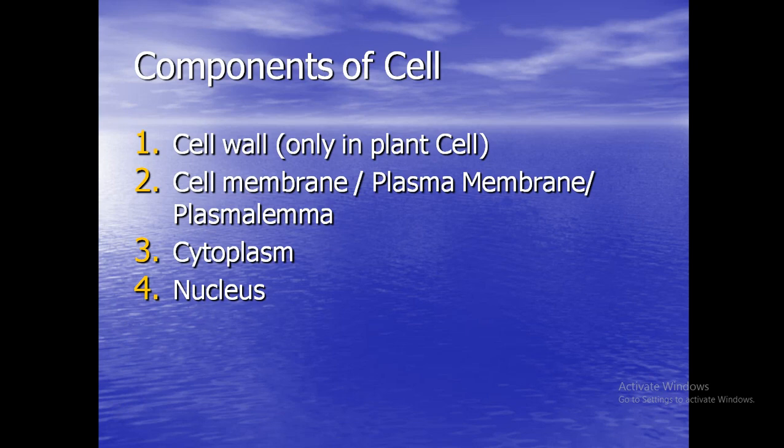In case of the animal cell, the cell membrane or plasma membrane or plasma lemma is the outermost boundary. So that's why I told you, animal cells have 3 components, whereas the plant cells have 4 components, because they have an additional thing, that is the cell wall.